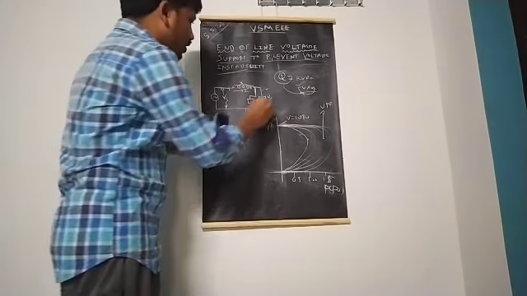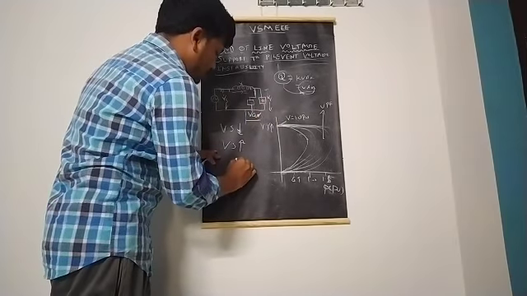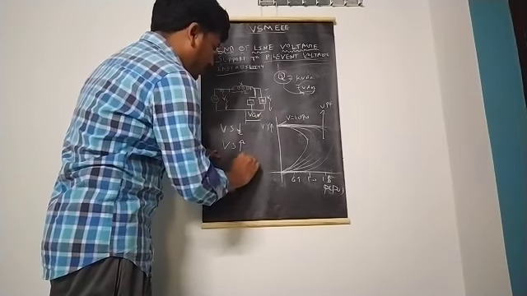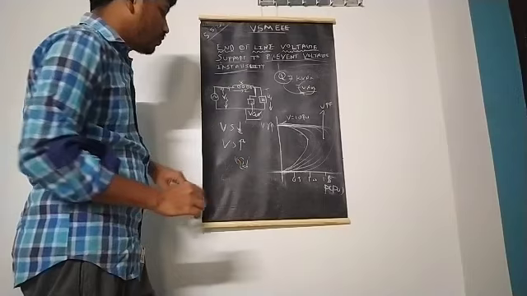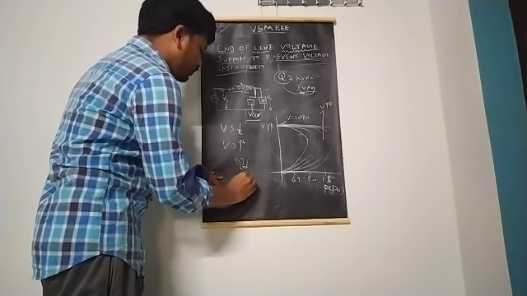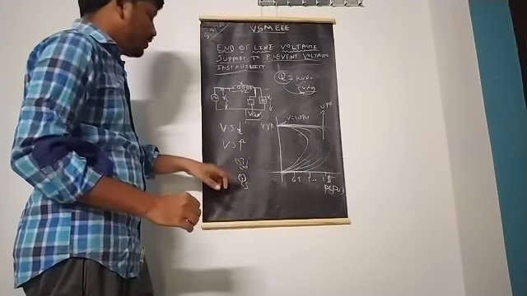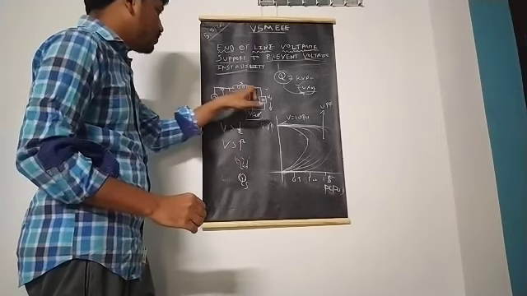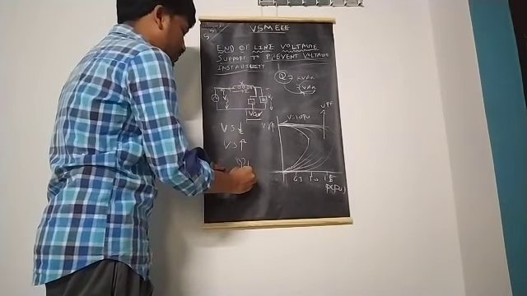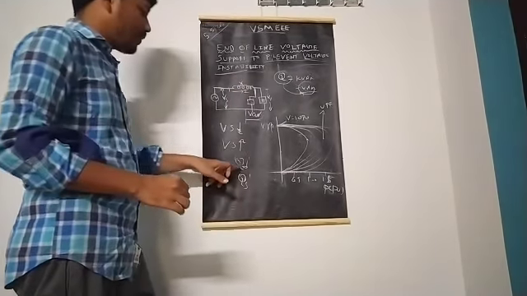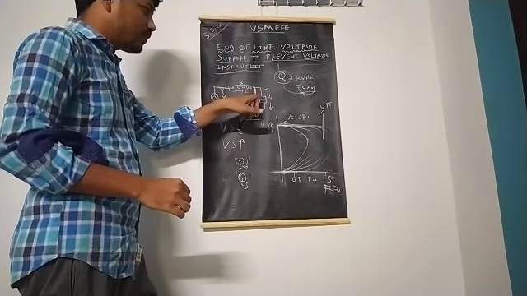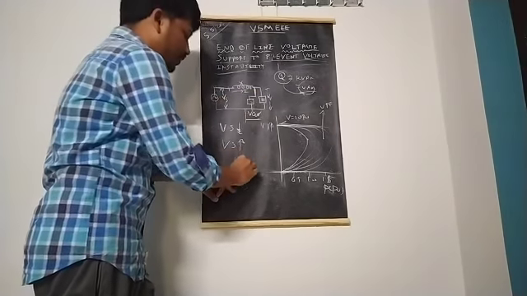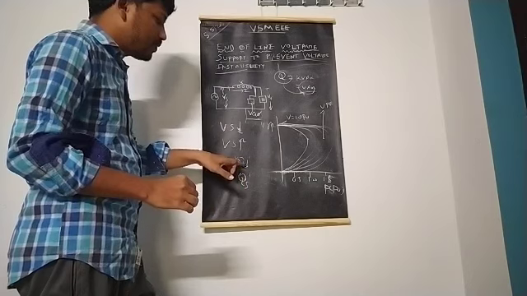For example, QD is the reactive power demand of the load, and QS is the reactive power supplied by the source. The reactive power coming from the supply source is QS, and the reactive power demand of the load is QD.